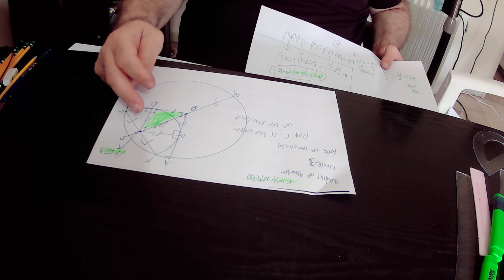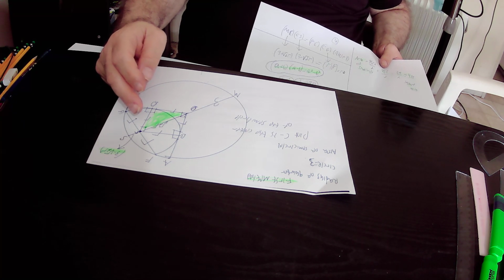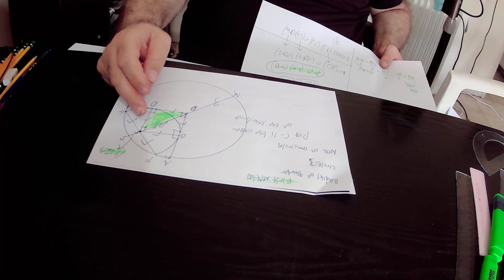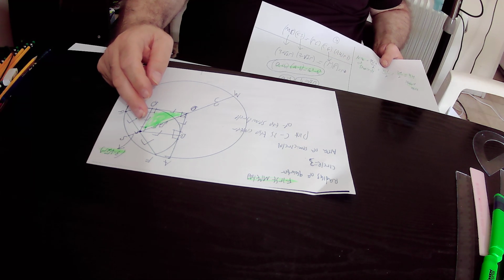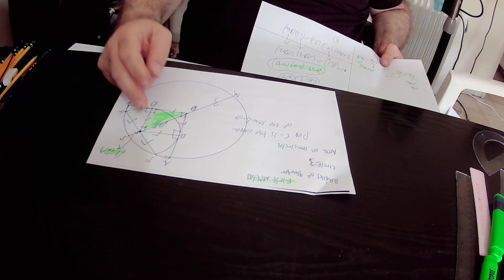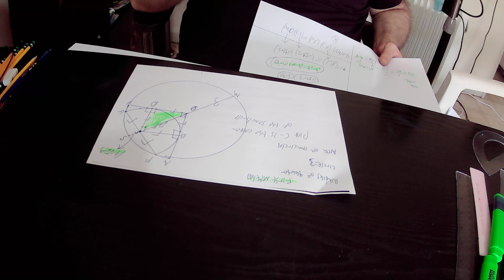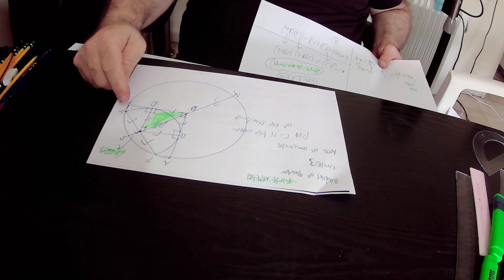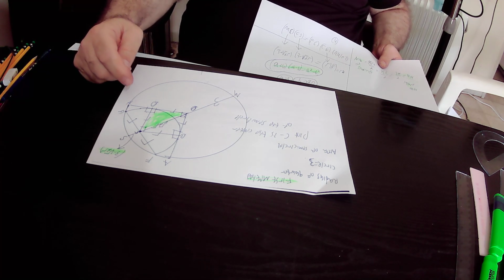Why is FC the radius of the semicircle? Because it starts from the center of the semicircle and ends at point F, that is a point of the semicircle itself. For the same reason, CG is also the radius of the semicircle.